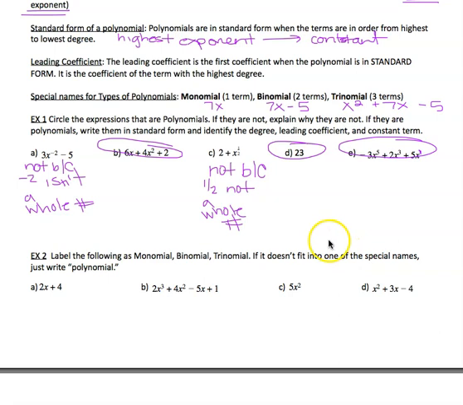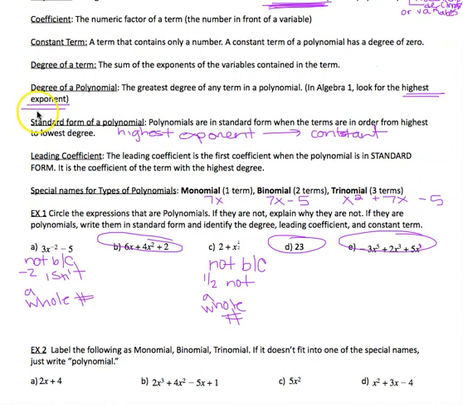All right, so now that we have identified which ones are polynomials, the ones that we circled, we need to go through and identify the degree, the leading coefficient, and the constant term. So, degree, again, you can go back and look at the definitions if you want, but the degree of the polynomial is going to be the highest exponent.